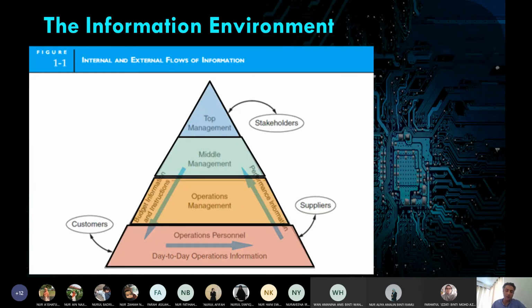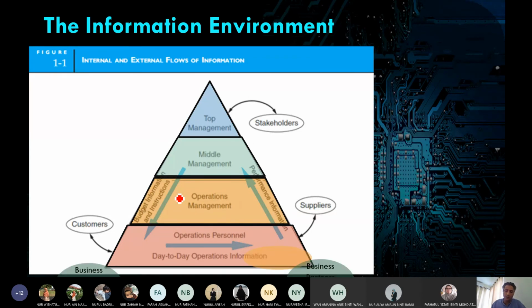Then the day-to-day operational information about the performance, reporting the performance, and so on, will flow up from the operational personnel level to the operational management, to the middle management, up to the top management. This is how the information will flow internally.